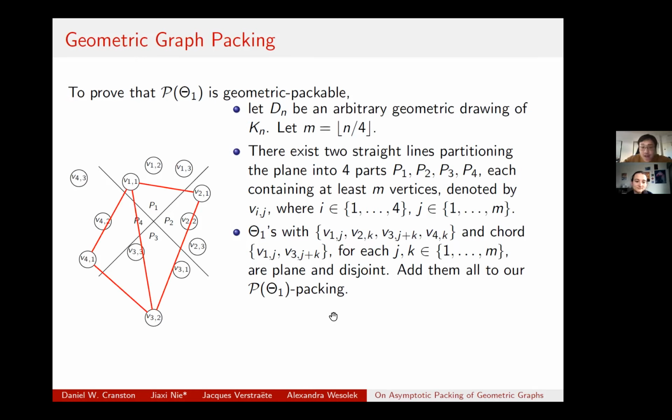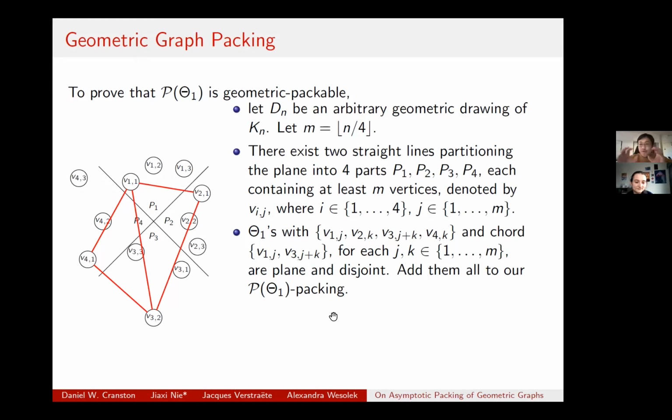If we fix K equal to 1 and J equal to 1, then we get the red theta 1 on the left-hand side.